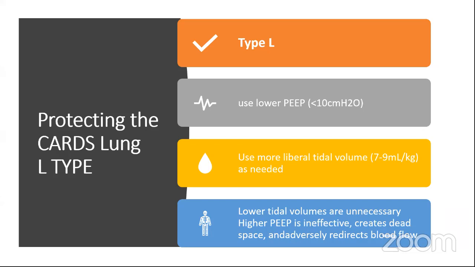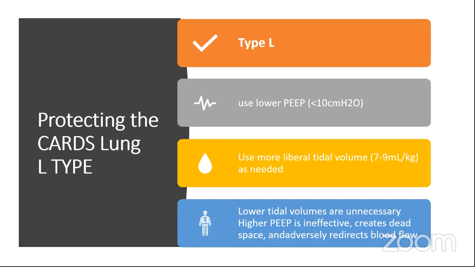Those patients usually need lower PEEP than regular ARDS patients. Usually for ARDS we apply low tidal volume, 4 to 6 ml per kg, for better lung protection, but we can accept higher tidal volume for this patient.